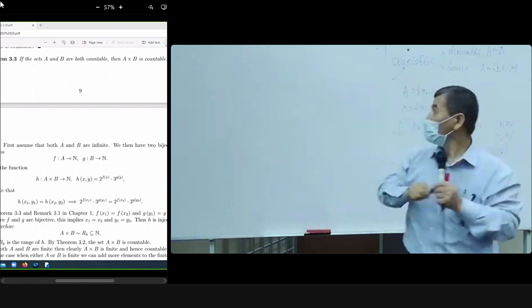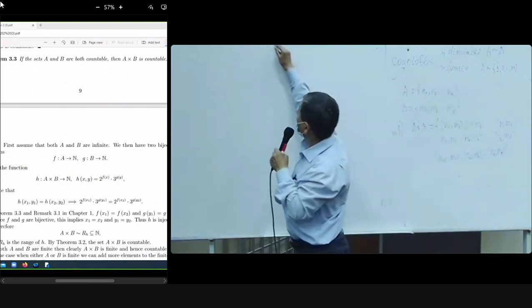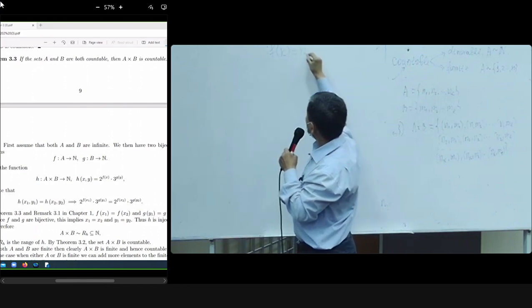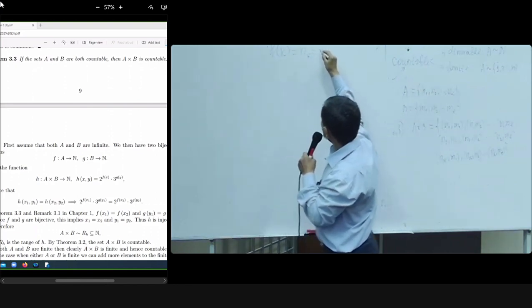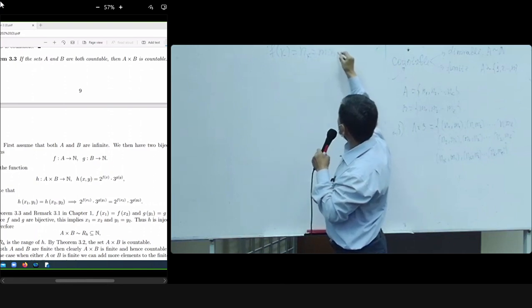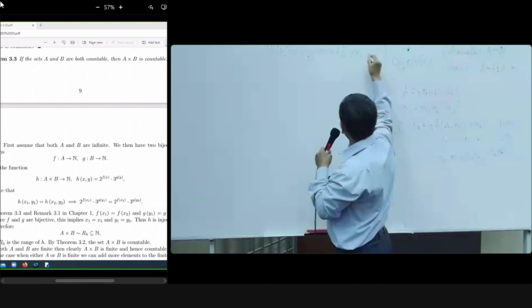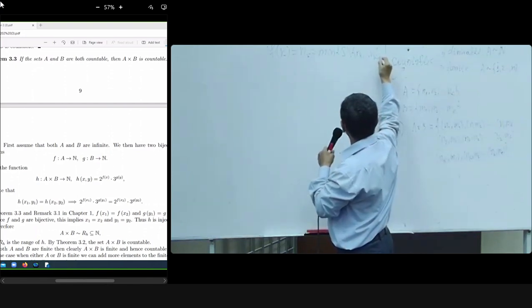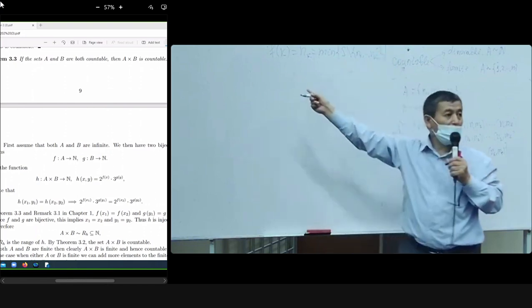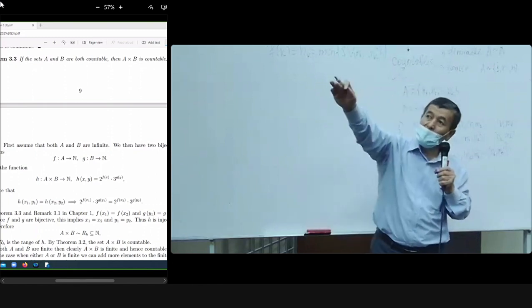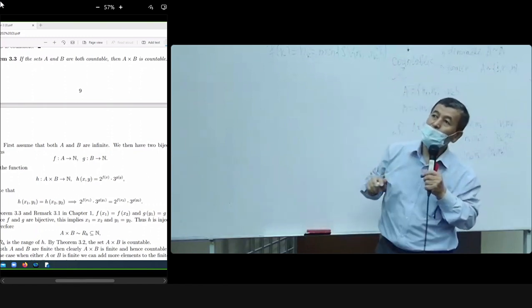Just now, we have found f(k) = n_k, where n_k was the minimum of the set S subtracting n_1, n_2, ..., n_{k-1}. Look, we constructed a function like this. For this case, they construct it like this.